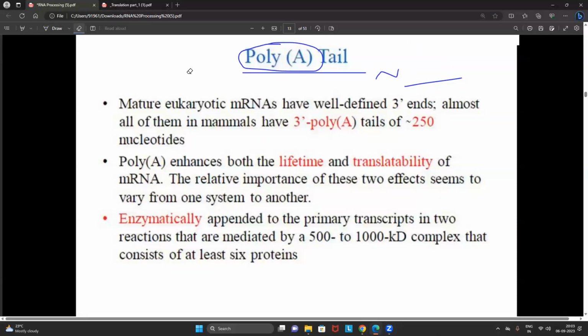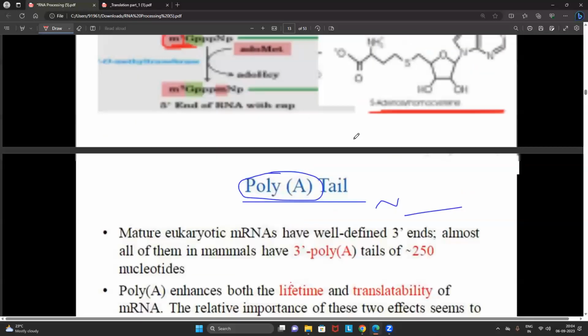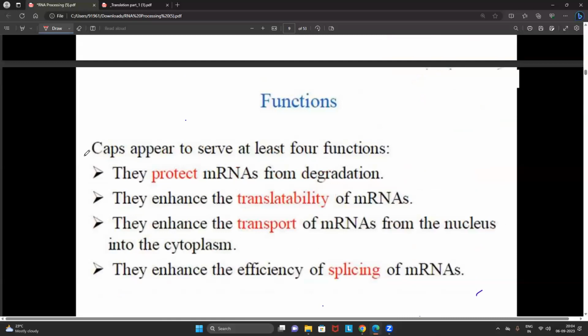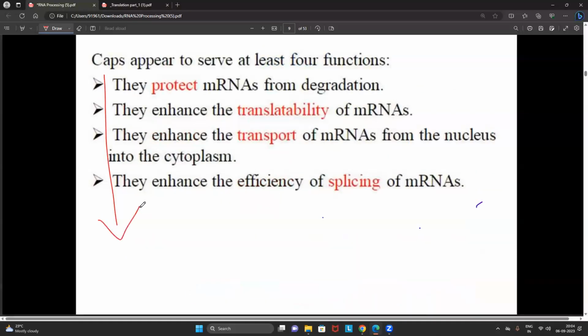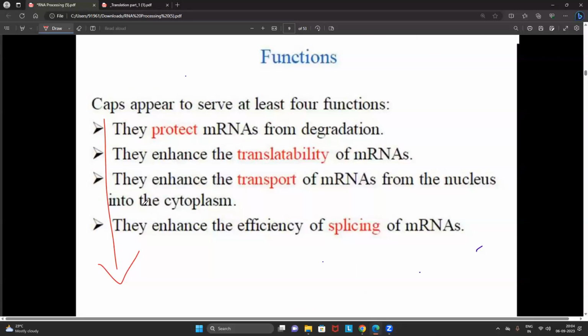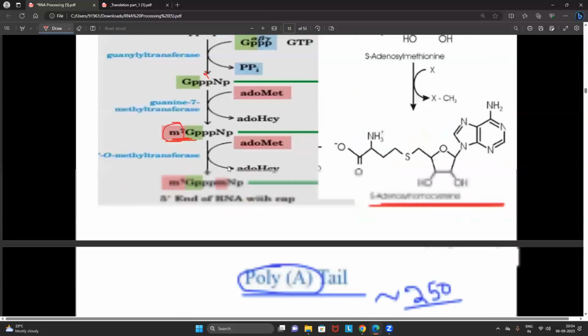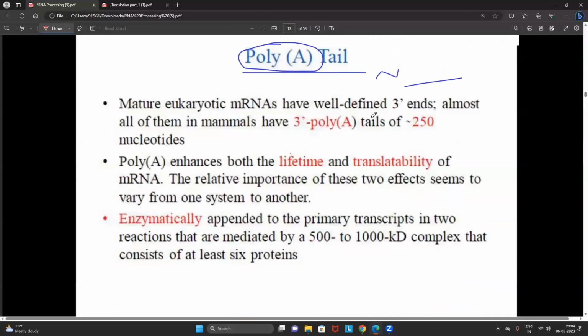Now all the students listen to my statements. If you quickly recall, I have explained to all of you the major functions of 5' capping. Similarly, friends, I want you to understand the major function of the polyA tail.